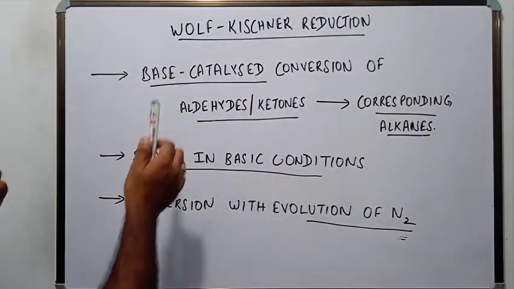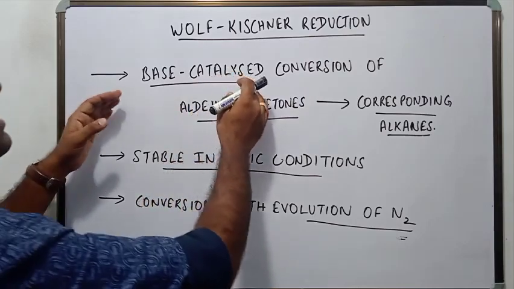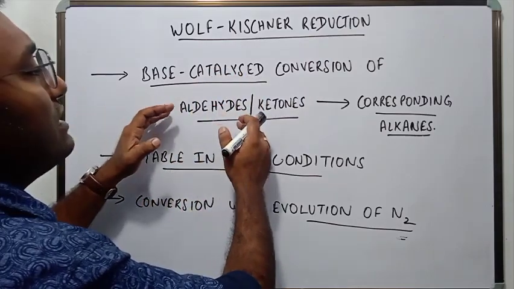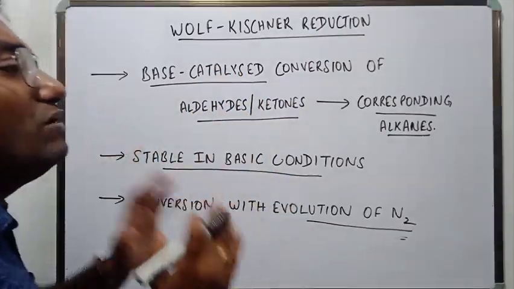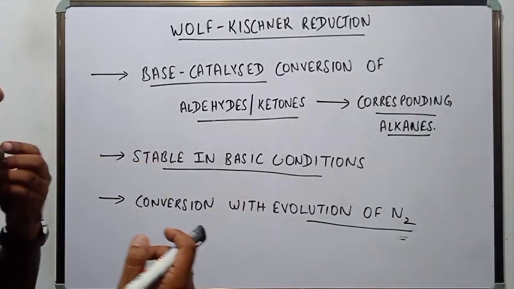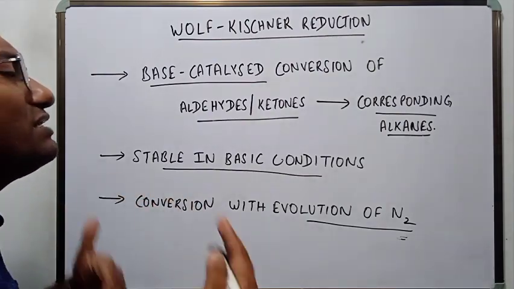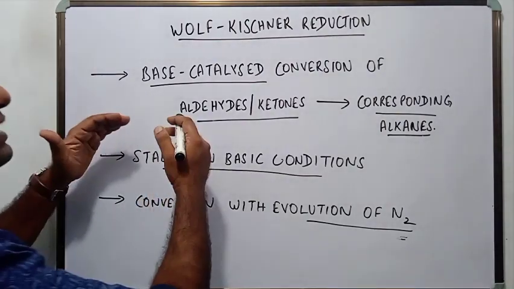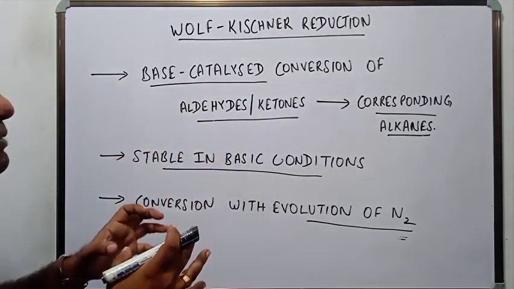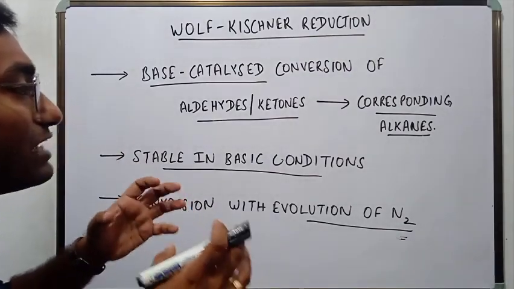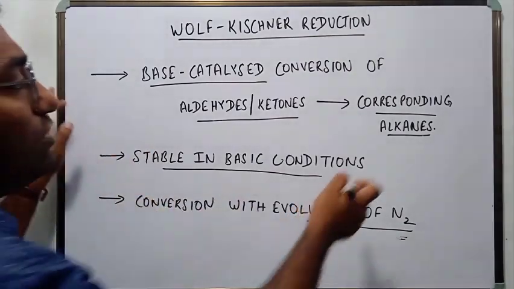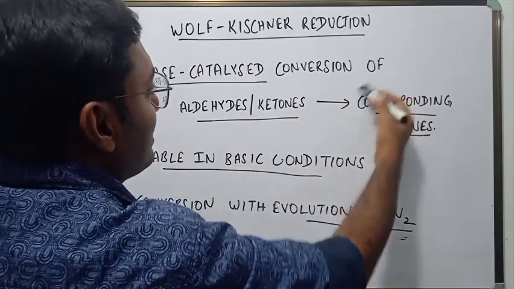When I say that base is used as a catalyst, what I mean is that the reaction actually doesn't need a base. It will proceed by itself, but at a very slow rate. If you are using base as a catalyst, the rate of the reaction would increase, and you would get the alkane at a much faster rate.